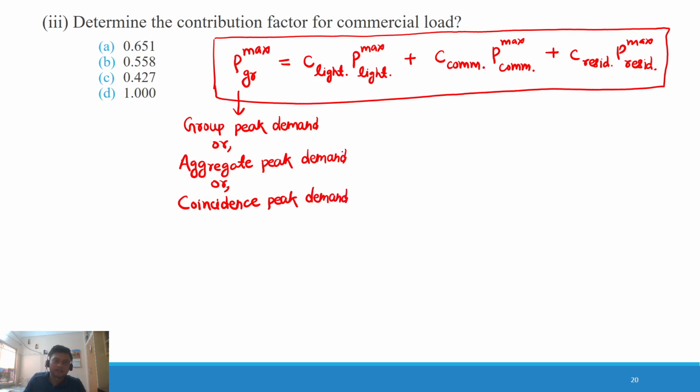And these are non-coincident peak demands, separated for each type of load.